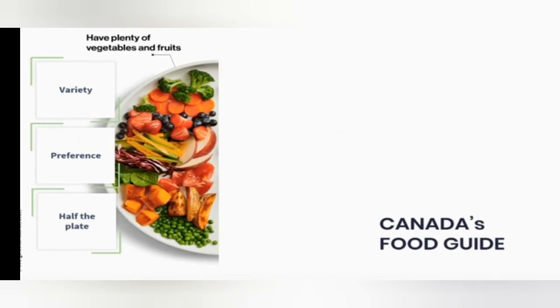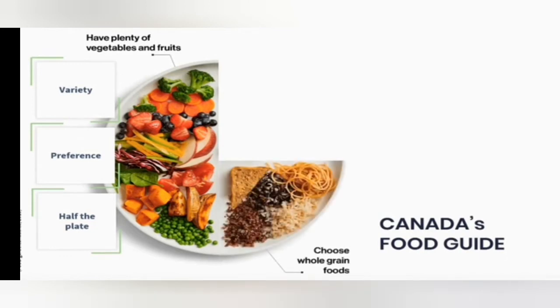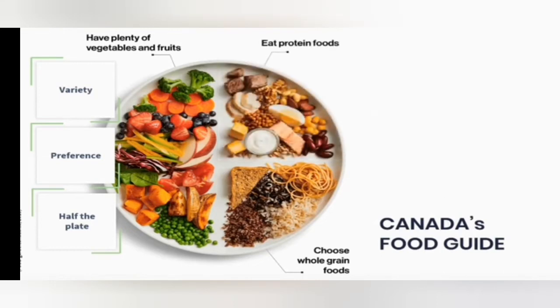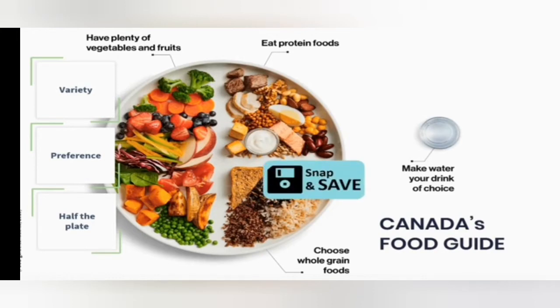In the rest of the plate we will choose whole grain foods, and in the other half we will choose protein foods. We will make water the drink of choice, which is not calculated in this Canada Food Guide.